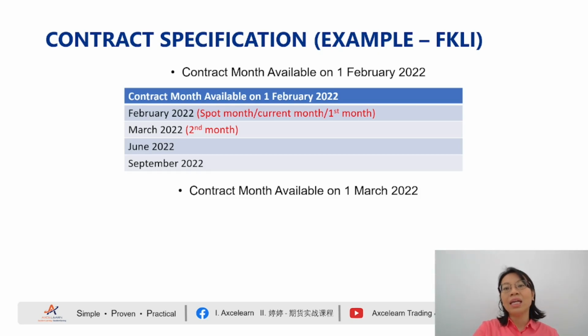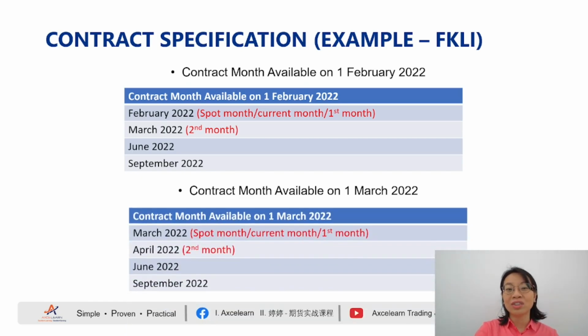So again, if today is 1st of March, my spot month will be March, the next month will be April, and the next 2 quarters will be June and September. Very simple. March is the first month, or according to your contract spec, your spot month. April is your second month. Then the subsequent 2 quarters are June and September.